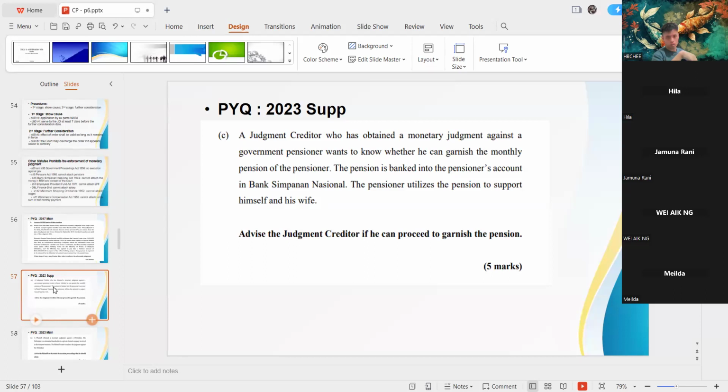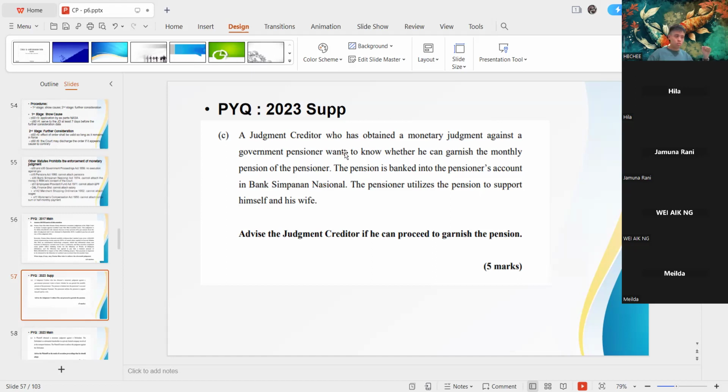So when you're looking at this question, right, you can use two statutes. First one is the Pensions Act. Another one is the Bank Simpanan Nasional Act. So after you cited these two acts, this is how you're going to calculate your answer really.